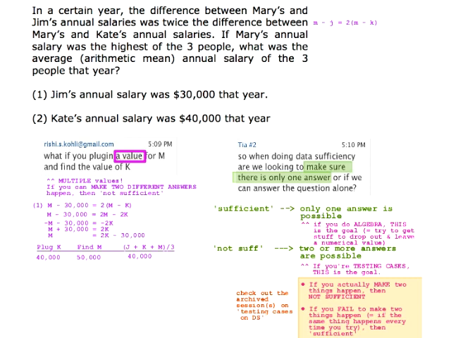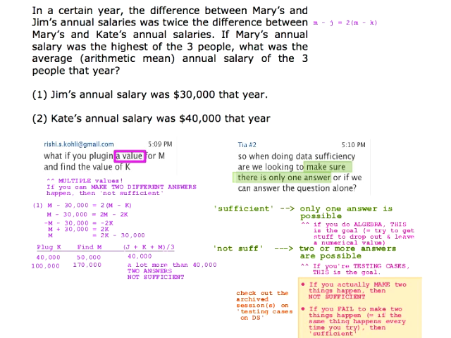And if you plug in 100,000 for K, then M is 200,000 minus 30,000, which is a whole lot more than 40,000. So I got 2 answers. That's not sufficient.